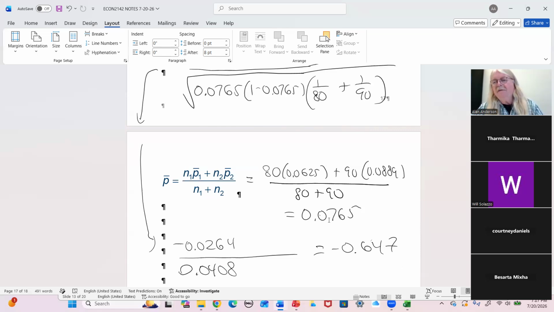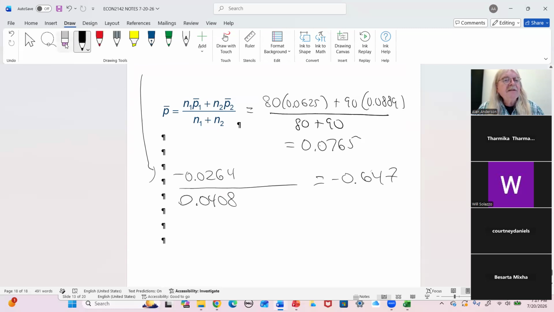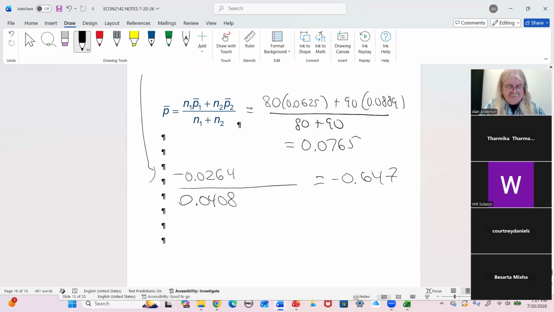Now, again, that's a very small value for the normal distribution. We're not going to reject the null. Let's find the critical value anyway, because that's not how stats works, is it? No, you've got to be very precise.